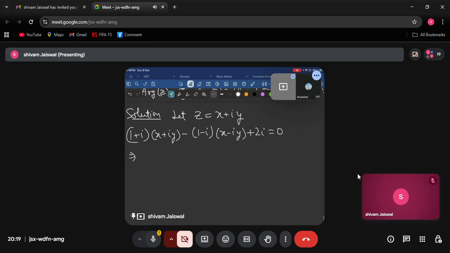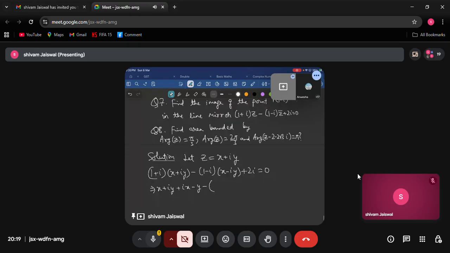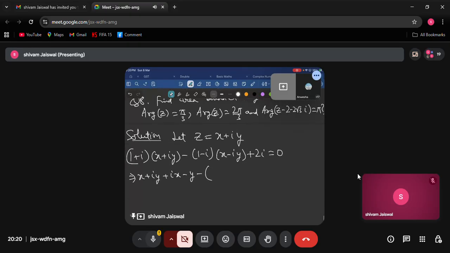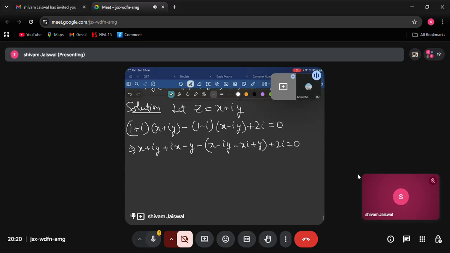So we are getting x plus iota y plus iota x minus y, minus of (x minus iota y) minus iota x minus iota square y, plus 2 iota is equal to 0.